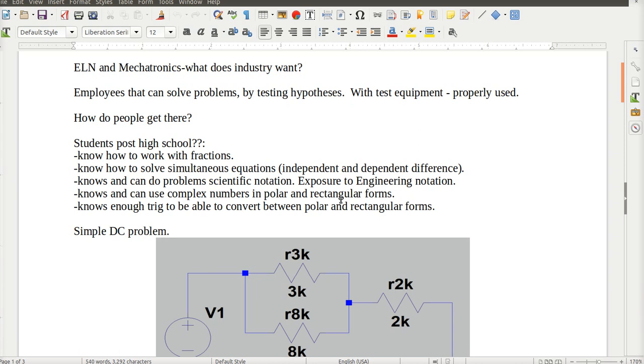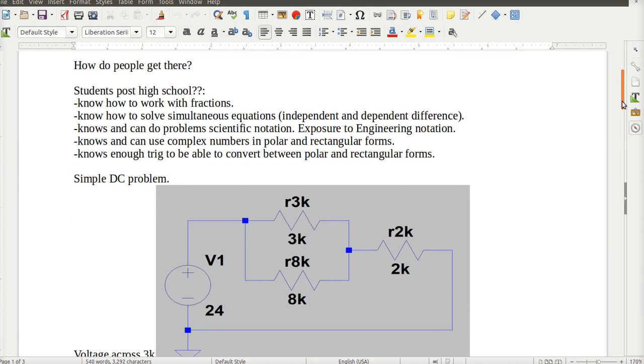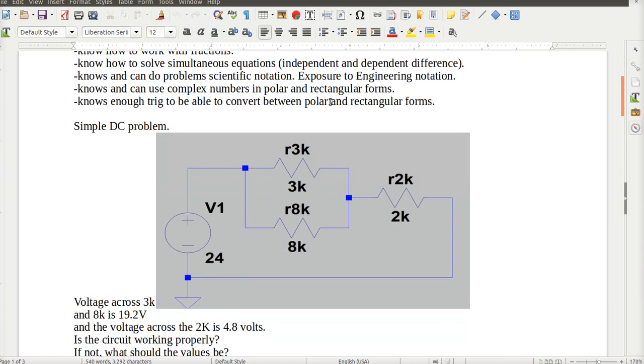As far as being a maintenance person on the floor, they're not going to use it a whole lot, but they need that background as far as where it comes from. They should know enough trig to convert between polar and rectangular forms. This also applies to power factor, which is a very important thing in industry, managing power factor.